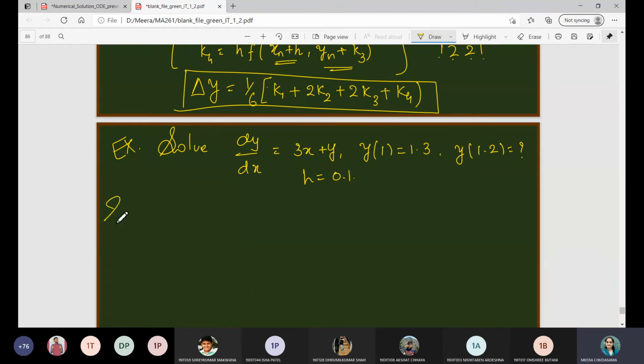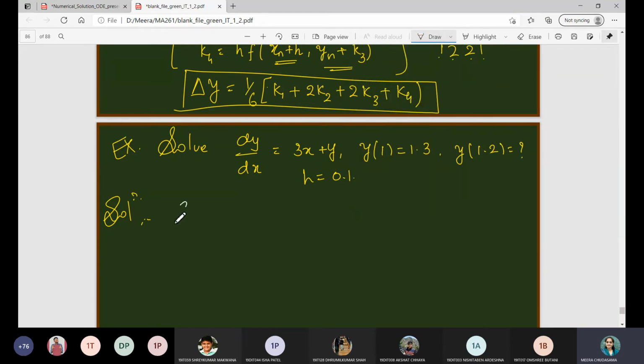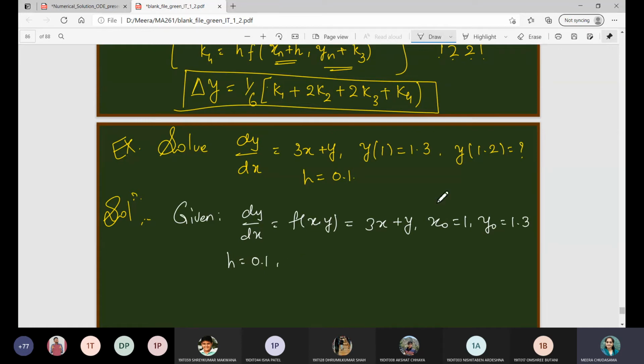Let us write the given quantities first. dy by dx is, by standard notation, f of x, y, which is 3x plus y. x0 is 1, the corresponding y0 is 1.3, h is equal to 0.1 and xn is 1.2, and we are asked to find y at 1.2.